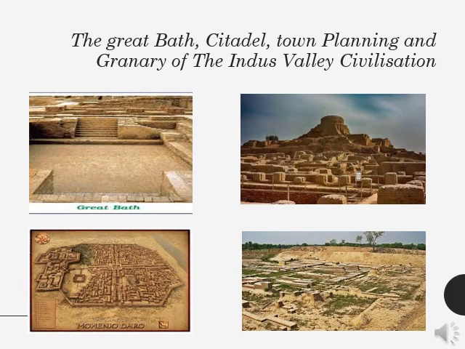Another feature of the Indus Valley civilization, children, was the covered drainage system. We can imagine how particular the people were about their hygiene. The drainage system was covered by stone slabs, there was regular cleaning of the drains, and there was a very good provision for the outlet of dirty water.